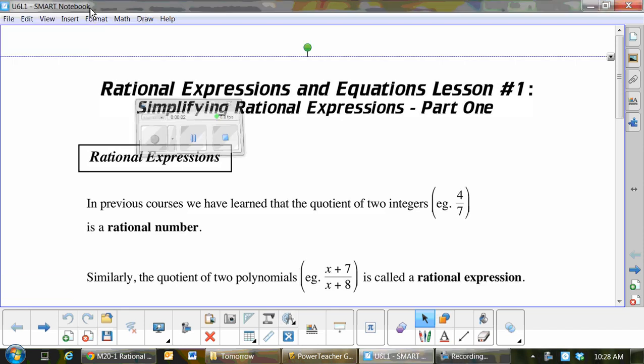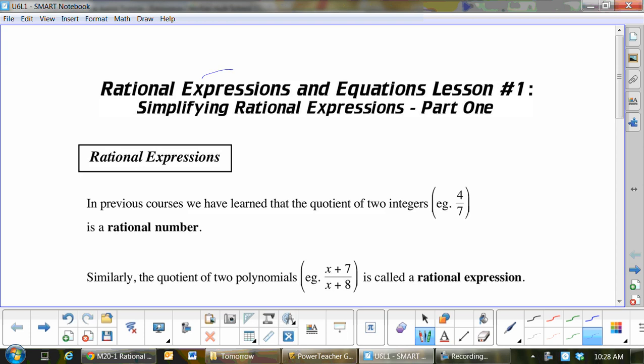Okay, so a rational expression is, I'm going to write the definition right here, when there is a variable on the bottom of a fraction.